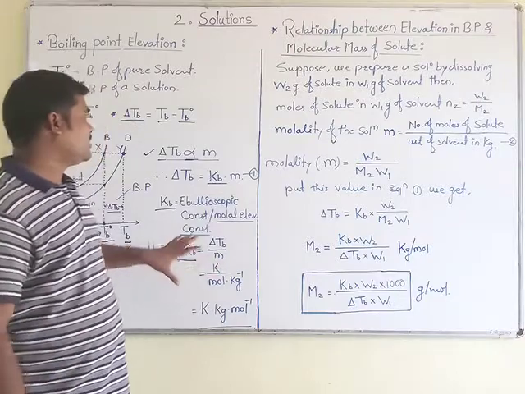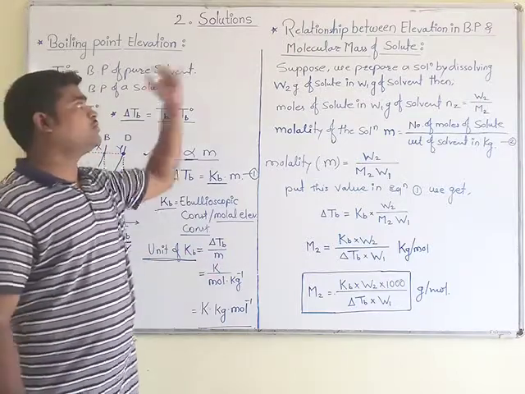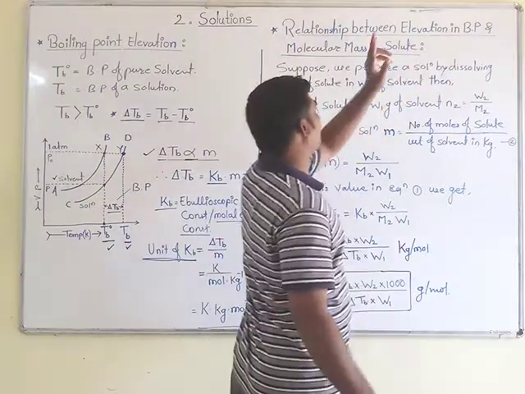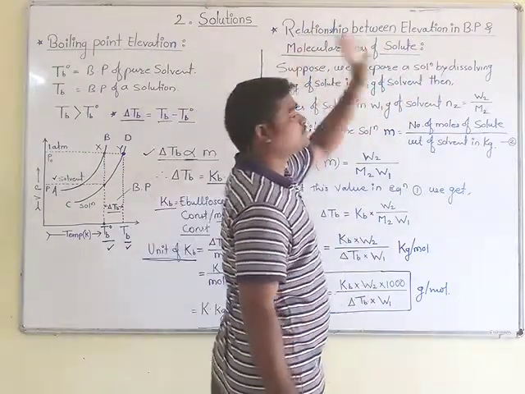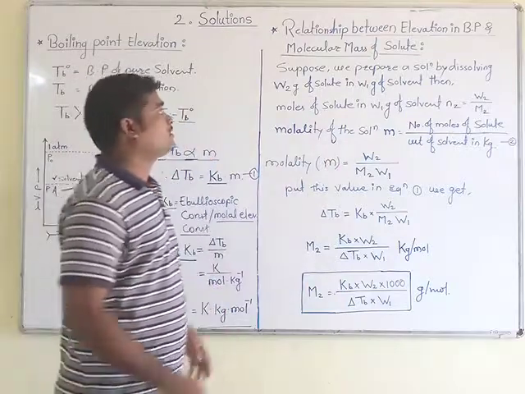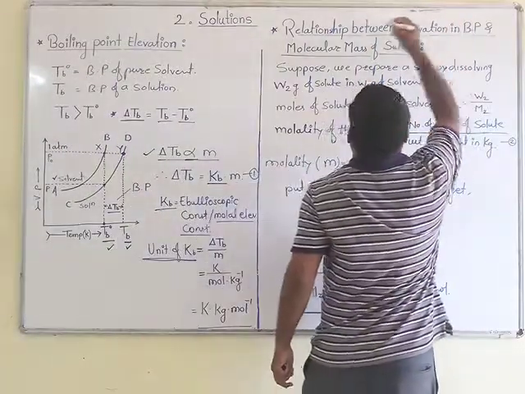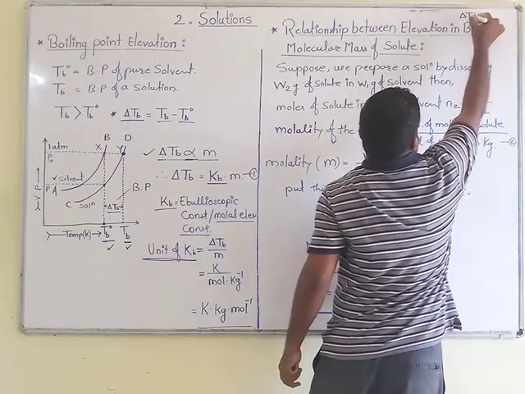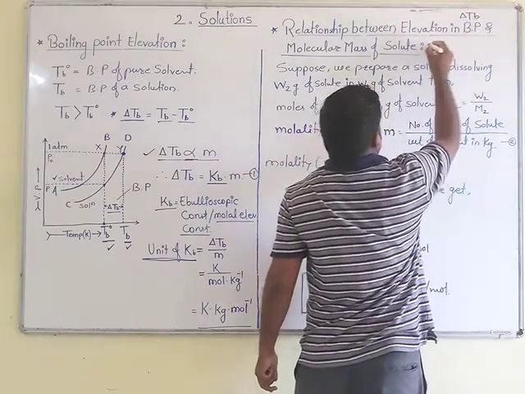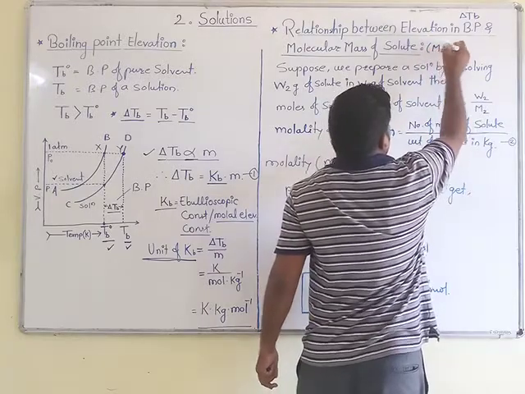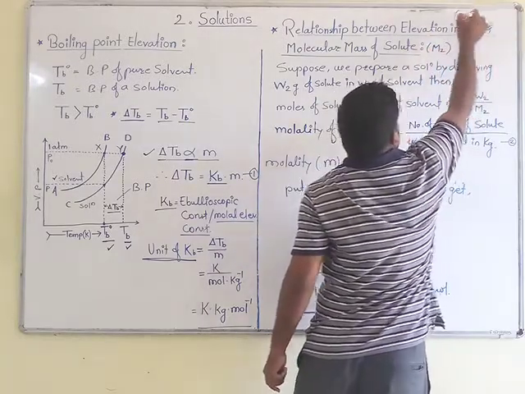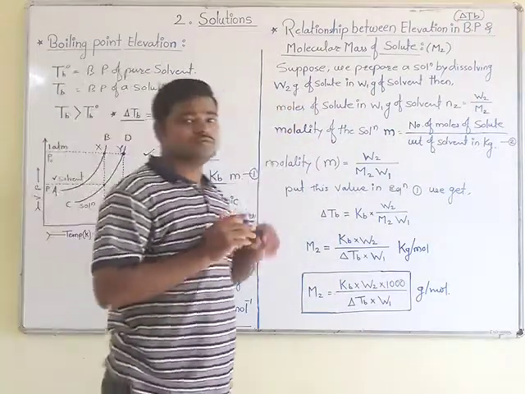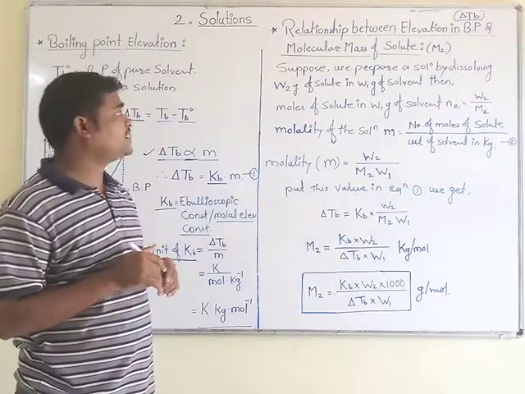Okay, now after completing this point we will move to the next point, that is the relationship between elevation in boiling point and molar mass of solute. That is, the relationship between delta Tb and molar mass of solute, m2, is what we have to show in this point.